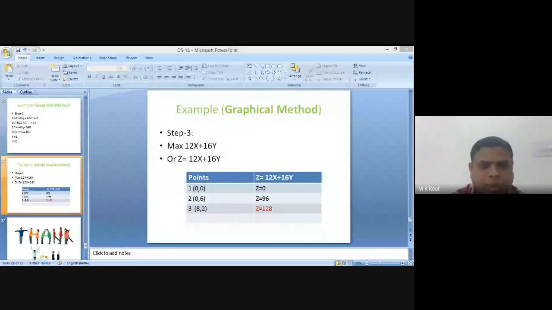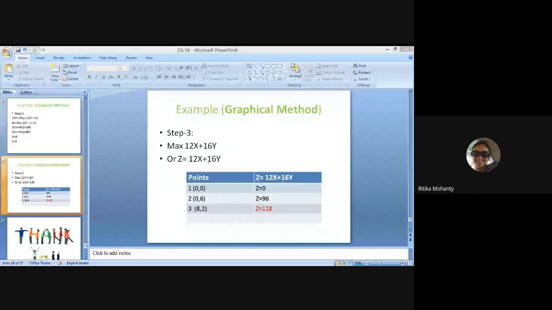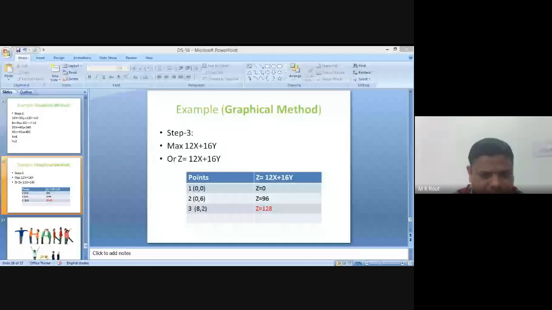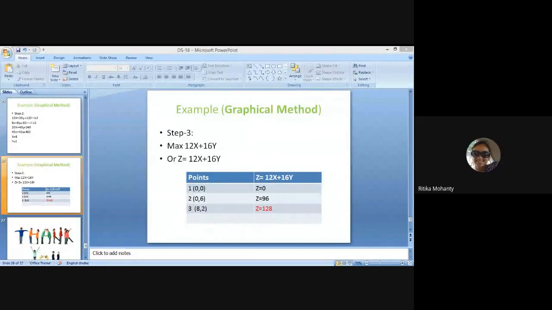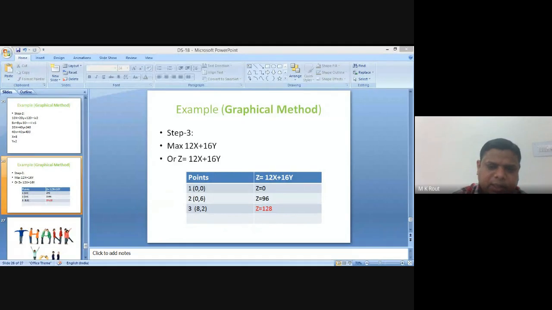Sir, why will we not write the fourth one? The fourth one is the intersection point. You can take it, but in the case of the intersection point, below the intersection point it should not be taken. That is the concept. For any question, we will not take the last point, that is the boundary of this feasible region.